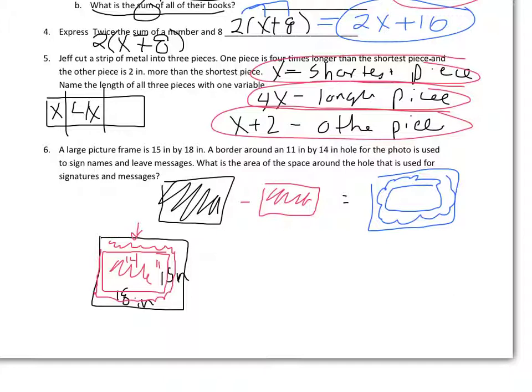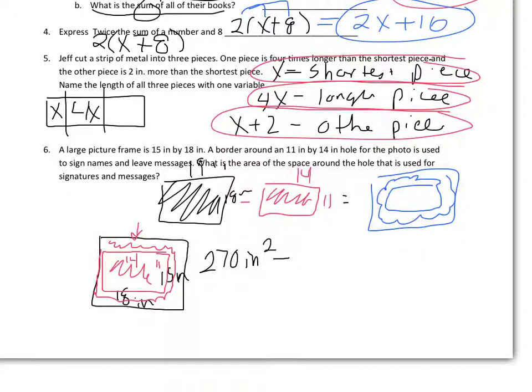So the dimensions of the black rectangle, we have 15 inches by 18 inches. And it doesn't matter where we put these dimensions. We find area by multiplying. So if we multiply 15 times 18, that is going to give us 270 inches squared. Now, this red one is 11 by 14.